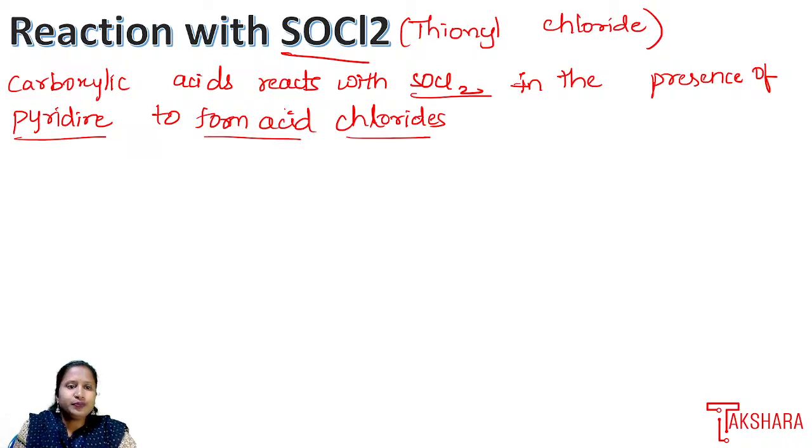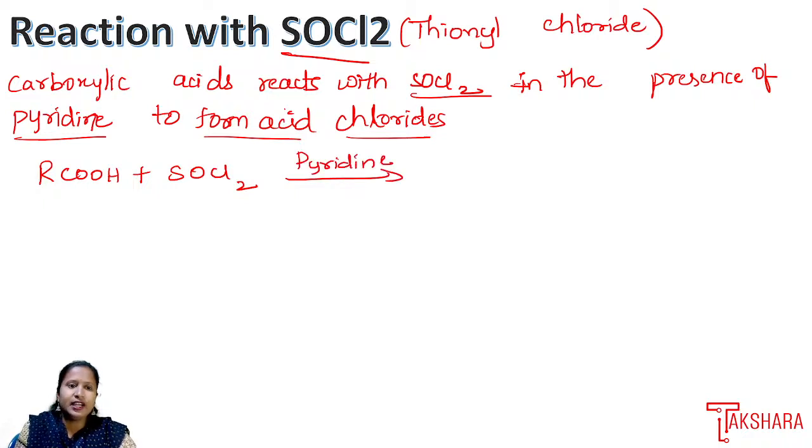Okay, so now let us take the reaction for this. The general reaction: RCOOH plus thionyl chloride, SOCl2, in the presence of pyridine. When the reaction takes place in the presence of pyridine, again the cleavage takes place here. One Cl is going to replace the OH and we get RCOCl, plus SO, with one oxygen joining.